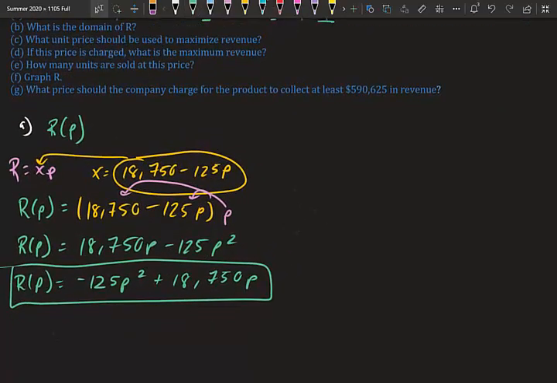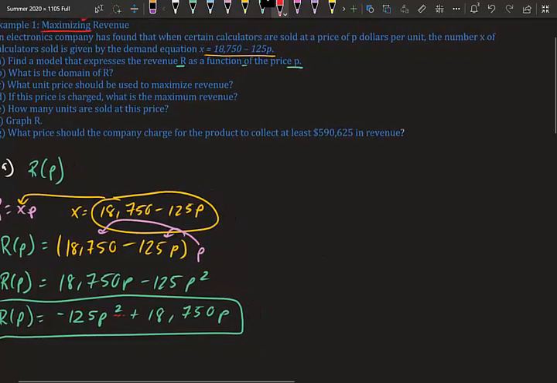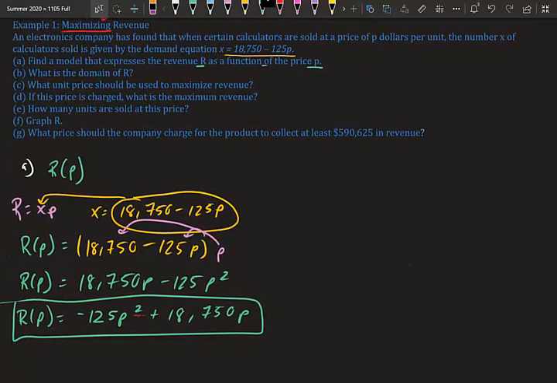So we do have a quadratic, because of the little 2. So since we have a quadratic, we can go ahead and find maximum revenue. But before we do that, let's go ahead and answer part B. What is the domain of R? So domain, that always represents your X values.